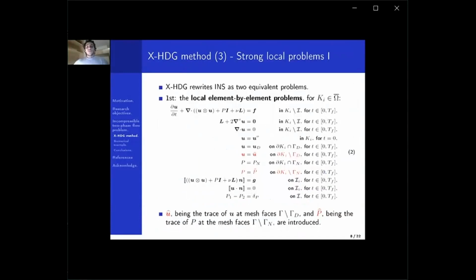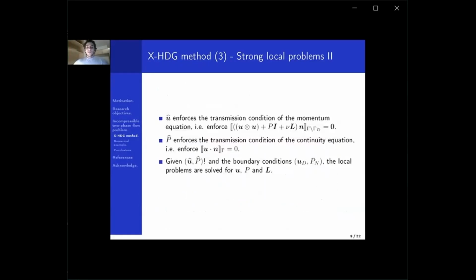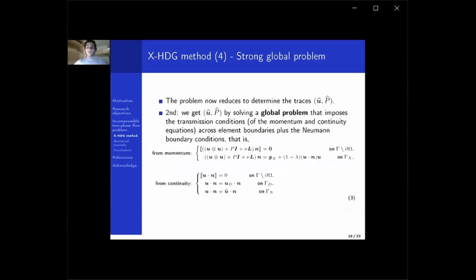So as I said before, there are two sets of problems: the local problems and the global problems. The way it goes is that we solve the global problem to get global variables, which are the traces of the velocity and the pressure, and then we go to the local problems to get the velocity and pressure.